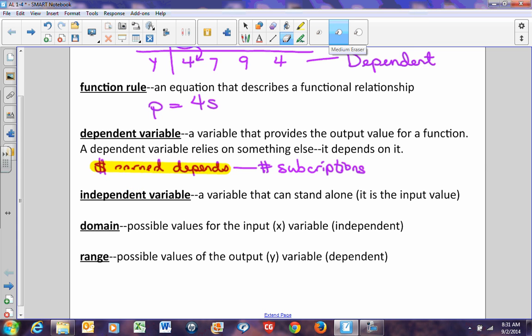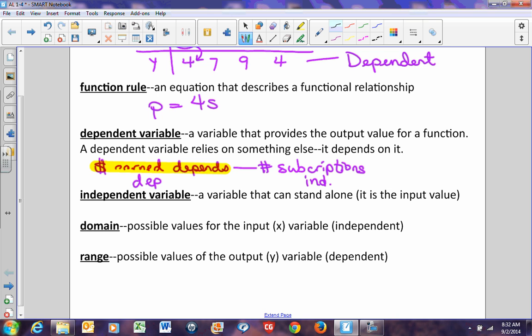Excuse me, messed that up. And number of subscriptions is independent. An independent variable is a variable that can stand alone. It is the input value. Okay? The number of my subscriptions doesn't depend on anything in the above example.